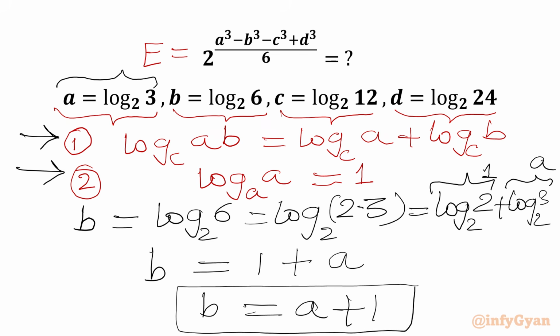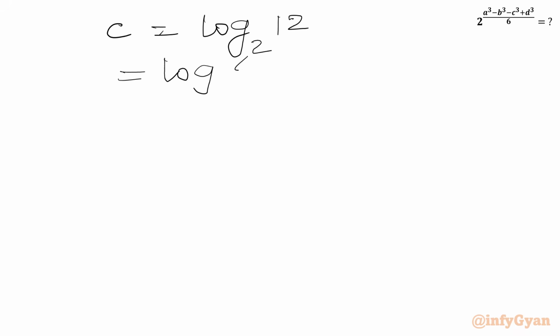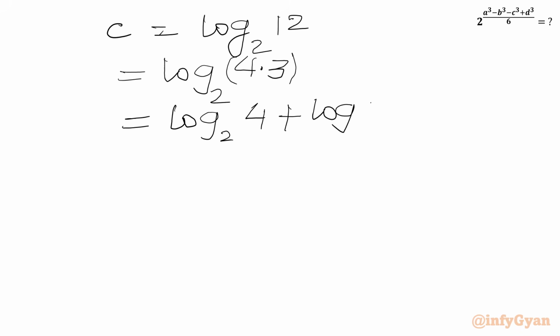Now the turn of c. Can we write c in terms of a? Let's check. c equal to log 12 base 2. We can factor 12 as 4 times 3. Base is 2. We'll apply the same log properties. We will write log 4 with base 2 plus log 3 with base 2. Log 3 with base 2 is a. Now we can write 4 as 2 square.